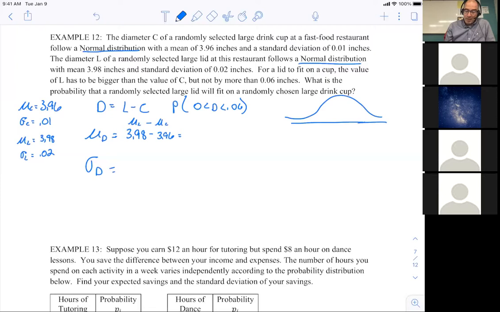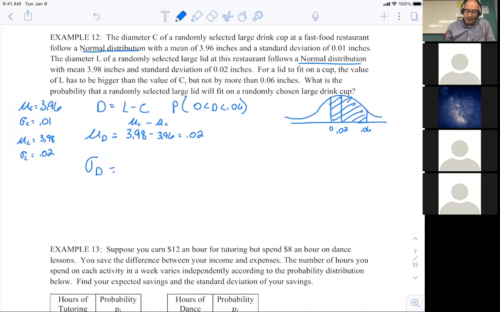So that means the mean difference is going to be 0.02. However, I can accept anything from 0 all the way up to 0.06. So here's the area that I'm trying to find, because again, the area is the same as my probability.